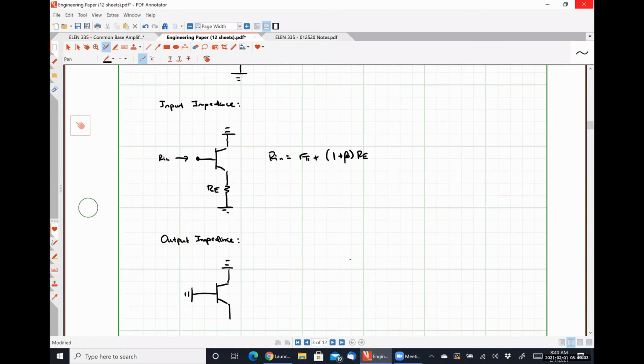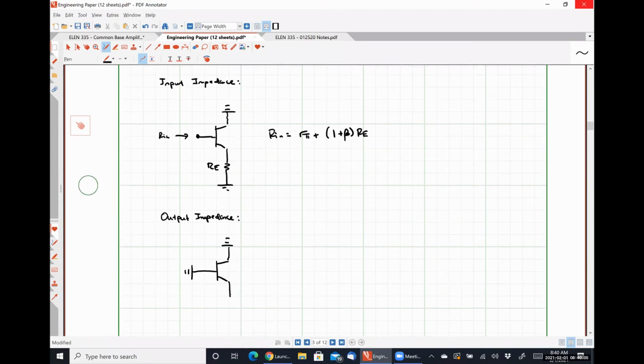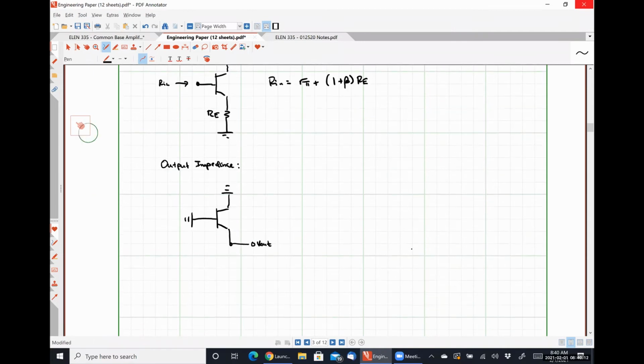We're taking our output at the emitter terminal. Since we're taking our output at the emitter terminal, we shouldn't have any other circuits that look like this.